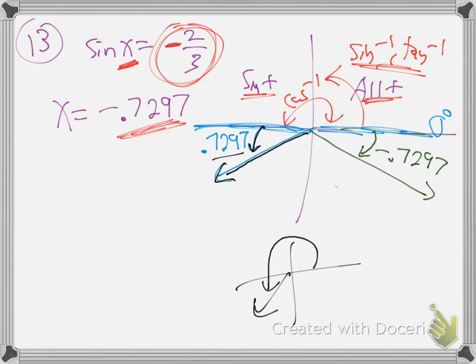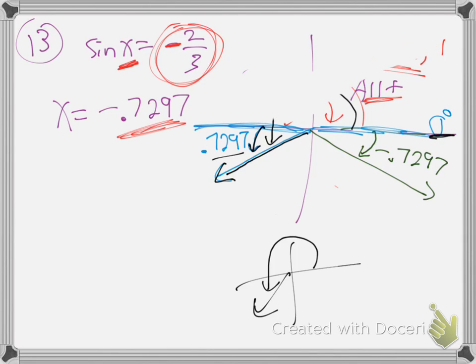This little 0.7297 thing I'm writing is just how far it is from the nearest x-axis. That's its reference angle. That's not its actual angle. Its actual angle is how far it is from 0 degrees. That's what we actually need. So we're getting to be too much stuff on that graph there. Let me clean this up a little bit.